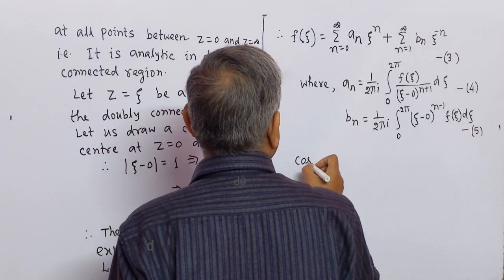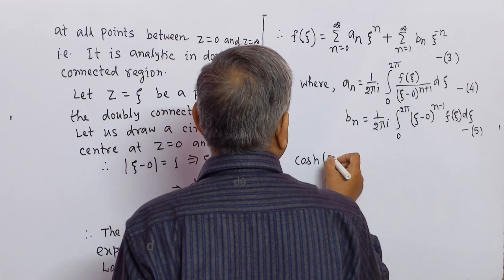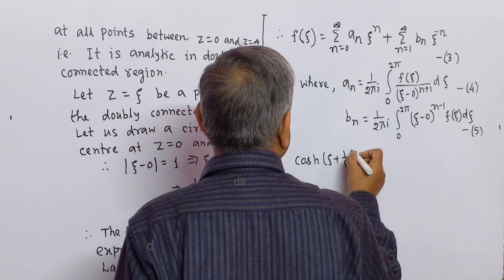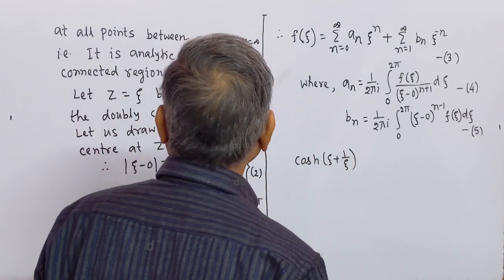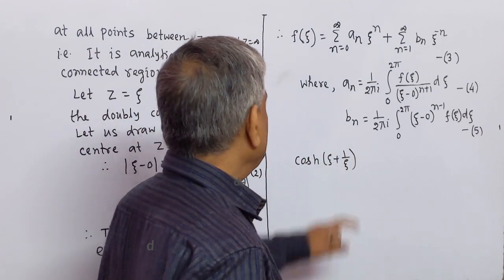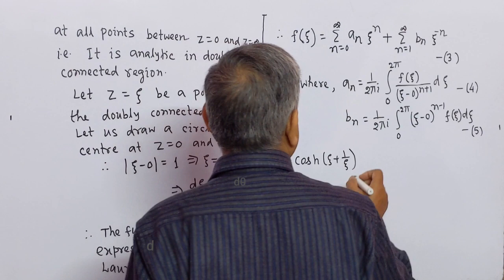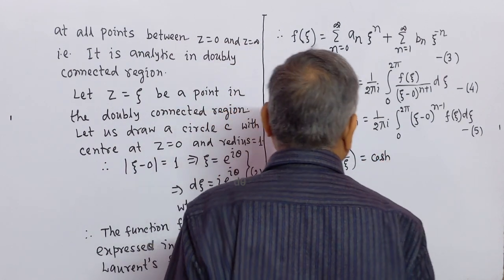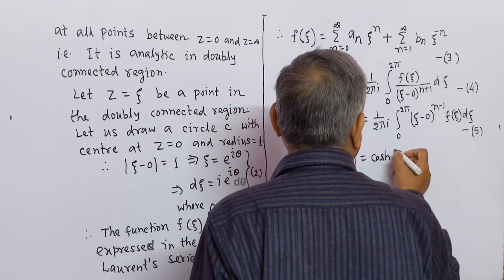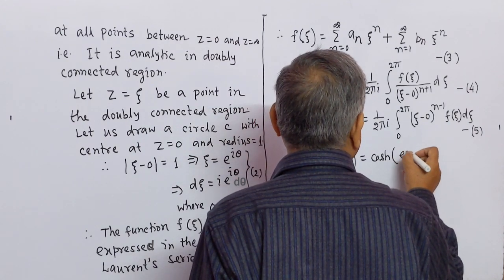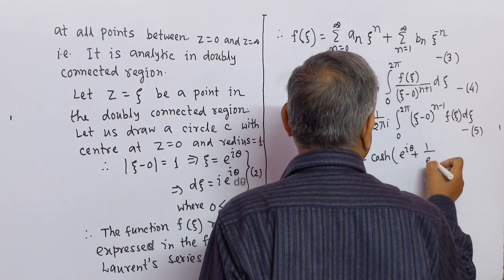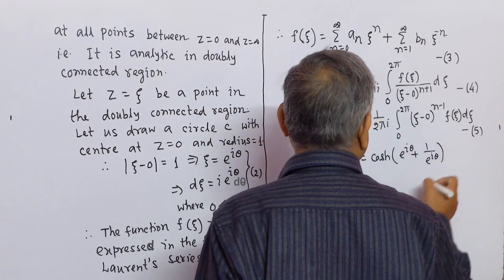cosh(ξ + 1/ξ). In place of z, we write ξ. This equal to cosh, here ξ means e to the power iθ plus 1 by e to the power iθ.